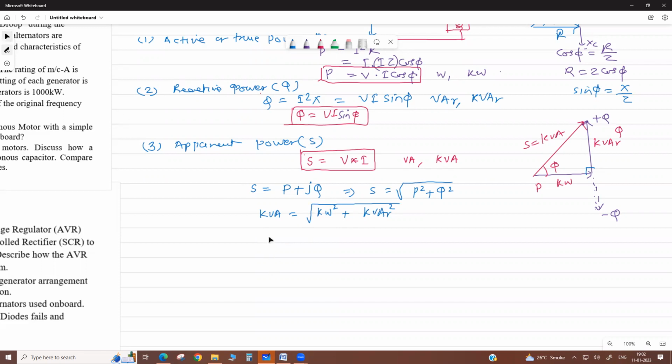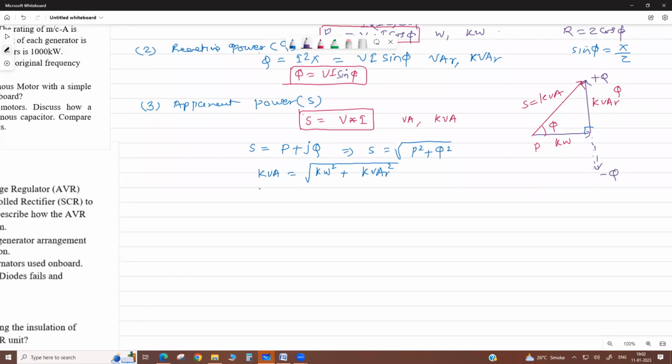Then power factor. Power factor is defined as cos phi.